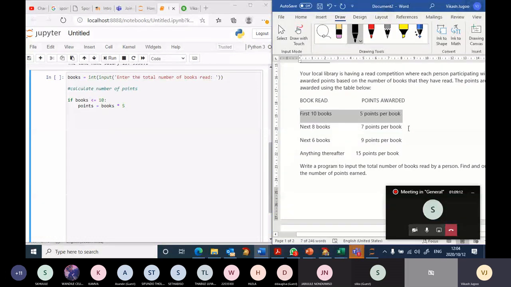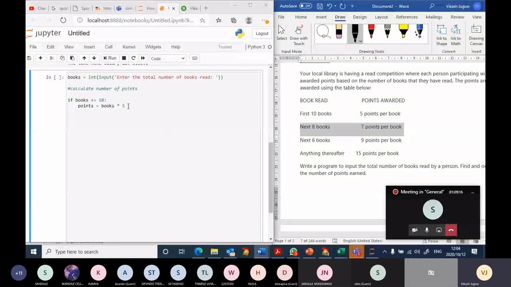It gets a little tricky now for the second case. So you have to just pay sharp attention here. So now I'm going to say else if now books are, they say the next 8, you have to understand, for me to come into this case for the next 8 books, it means you had to have read the first 10 books. So the maximum number you can have in the second case is 18 books.